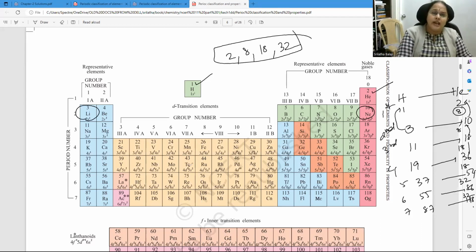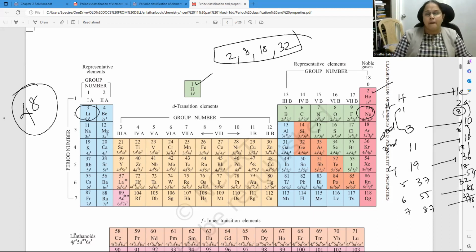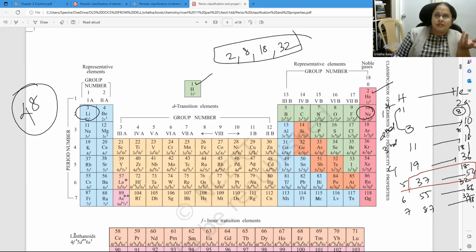So if I ask you an element with atomic number 48, which period does it belong to? That means 48 should belong to this range, so an element with atomic number 48 will belong to the fifth period.